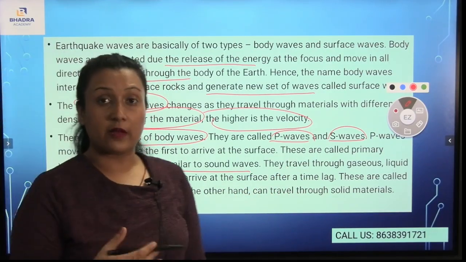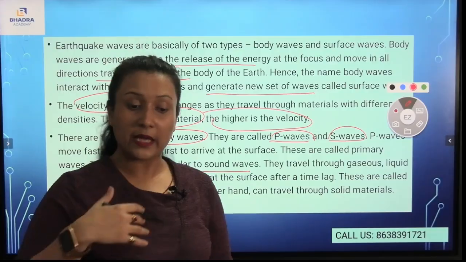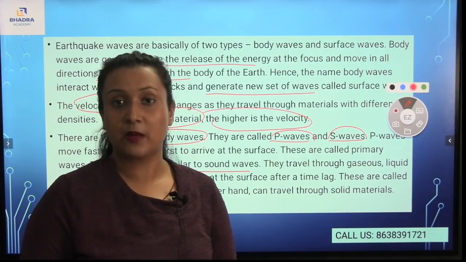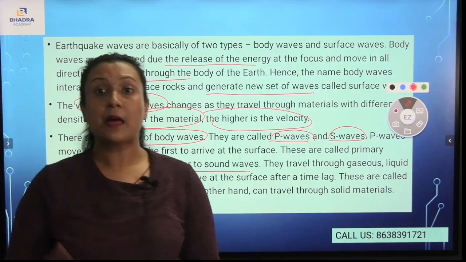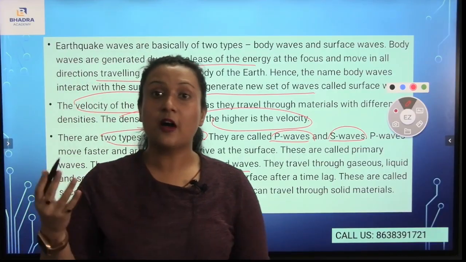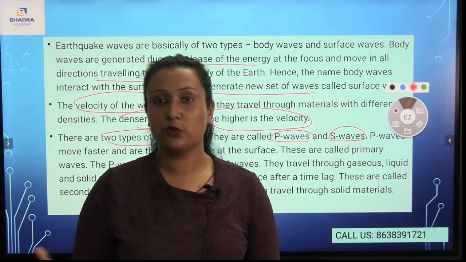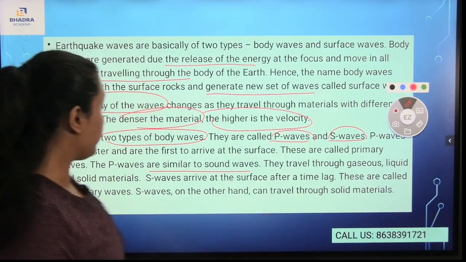They can travel through anything, any kind of liquid, gas or solid material. For example, when there is lightning, the thunder is an example of the primary waves because it can travel through anything, and those primary waves are similar to the sound waves.